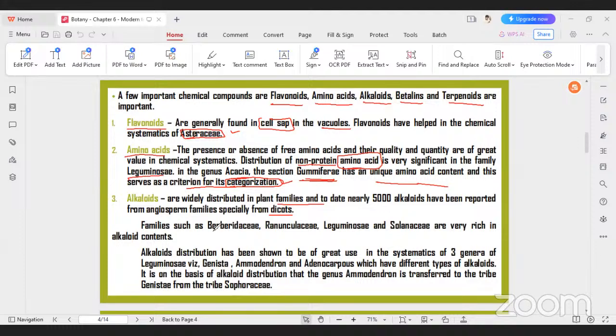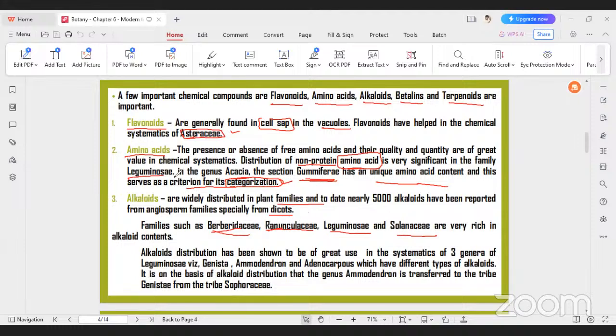Some families are given here: Berberidaceae, Ranunculaceae, Leguminosae, and Solanaceae are very rich in alkaloid content.